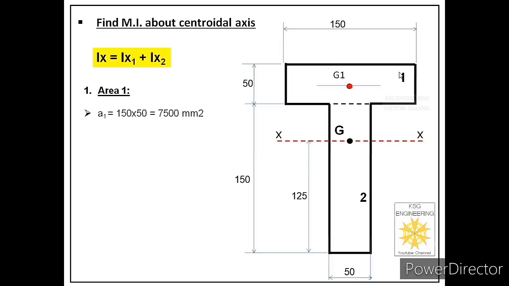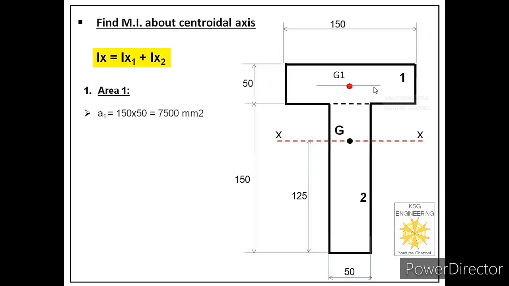So let us locate the centroid of area 1. Where will the centroid of area 1 lie? It is a rectangular area, so its centroid will lie at L by 2 and B by 2. L is 150, so this distance will be 150 by 2 and this distance will be 50 by 2. After that, from that centroid we have to draw one axis parallel to the main axis.